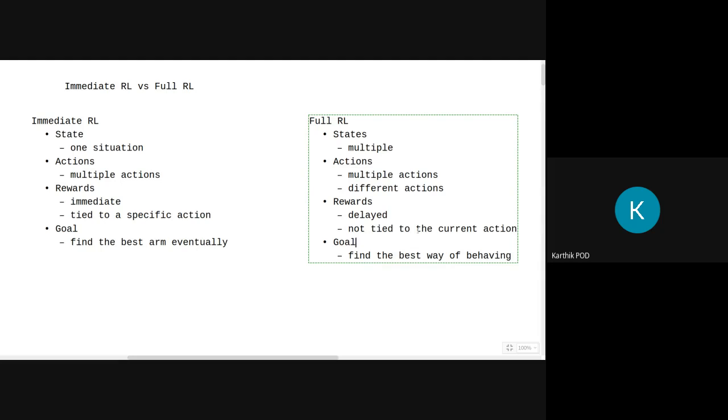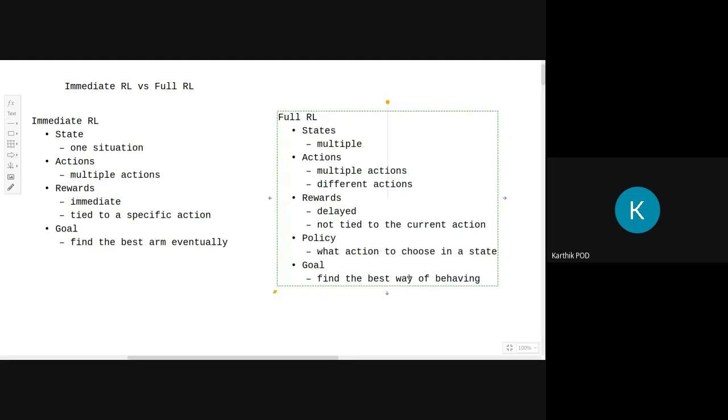What do you mean by behaving? Are we looking at a sequence of operations to optimize our overall reward? Yeah, we should make this idea of behavior clear. The policy is what determines the behavior, that is, what action to choose in a given state. So how do I behave from a given state?